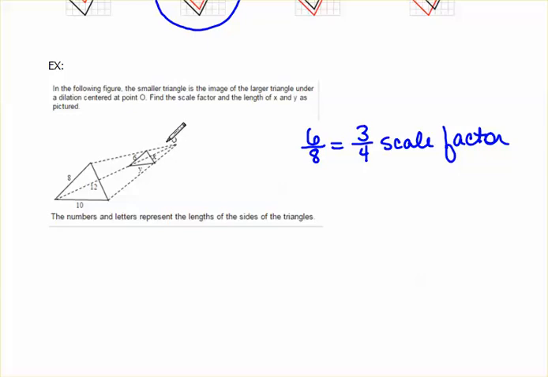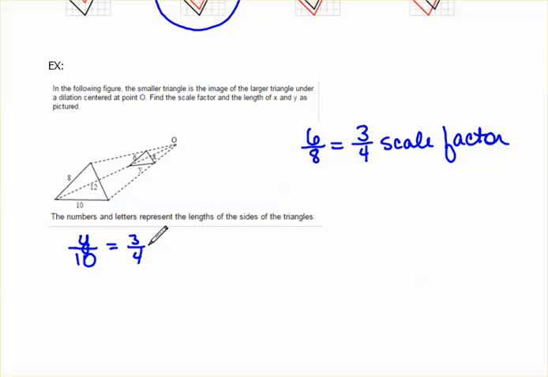For instance, the relationship here for side, let's do side y first. The relationship of side y compared to 10 has to be that 3/4. So now we can solve that equation.